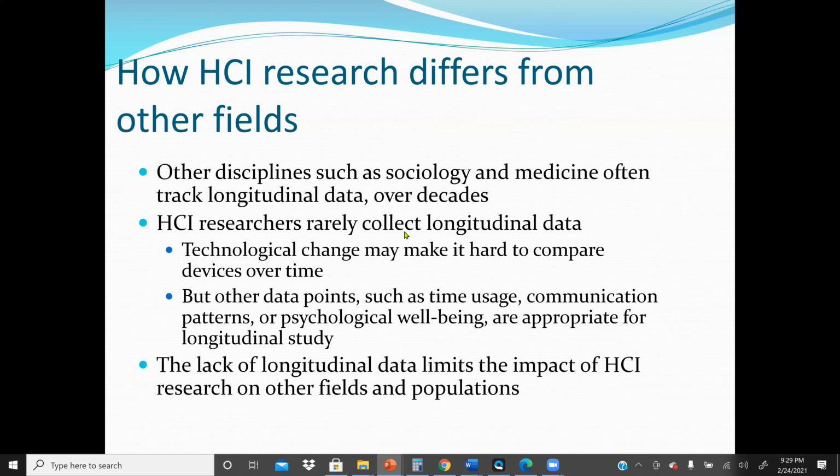So collecting longitudinal data, that's data within some long period of time, would not be a benefit for HCI. But other data points such as time usage, communication patterns, or psychological well-being are appropriate for longitudinal study. Then the lack of longitudinal data limits the impact of HCI research on other fields and also populations.